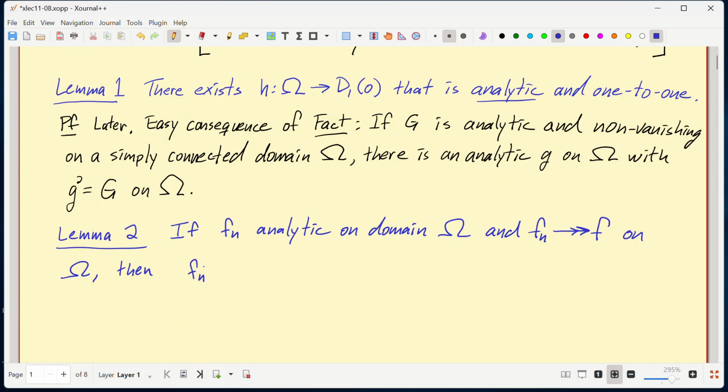So the kth derivative of f_n would also converge uniformly on compacts to the kth derivative of f. Of course, we know f is analytic, so it has a kth derivative.